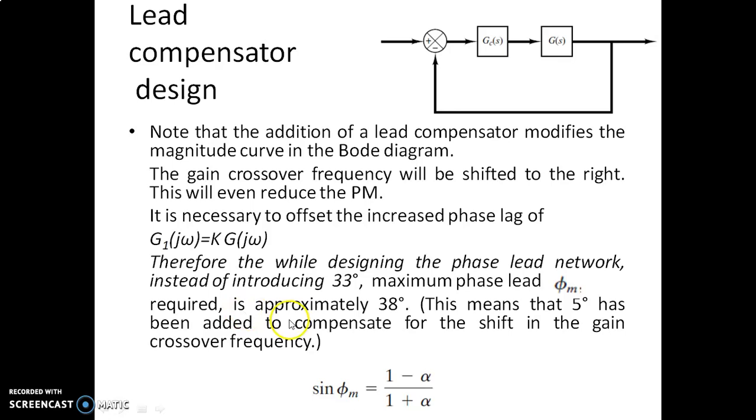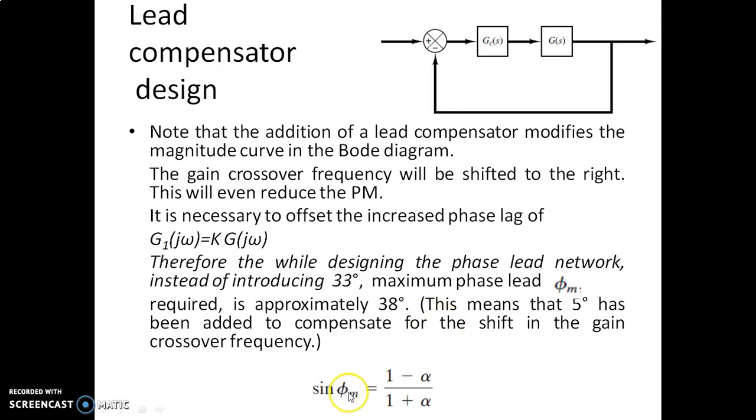Naturally, at a particular frequency which corresponds to omega gc, we are supposed to introduce 38 degrees by this compensation network, minus this 5, which is due to the movement of the gain crossover frequency, and the existing phase margin was already 17 degrees, so it comes out to close to 50 degrees phase margin.